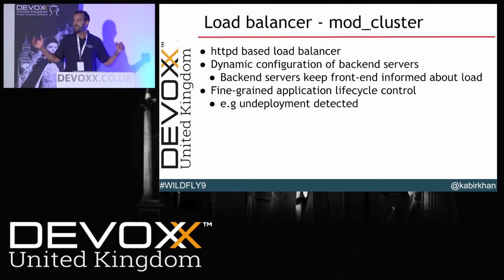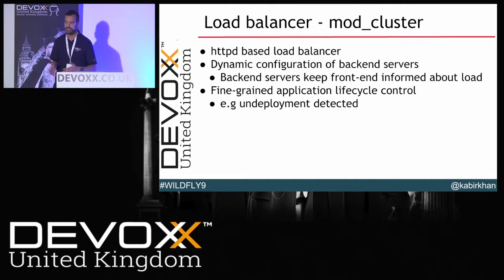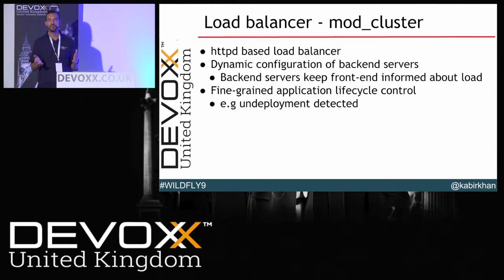No static configuration is needed. The load balancer will send out advertising messages via IP multicast. The servers are listening for this multicast, pick up the message, and connect back into the load balancer. So basically no prior configuration is needed apart from agreeing on the multicast address and the multicast port.